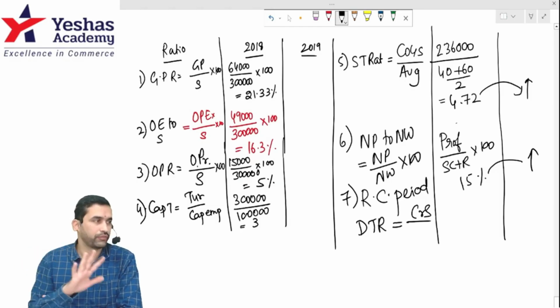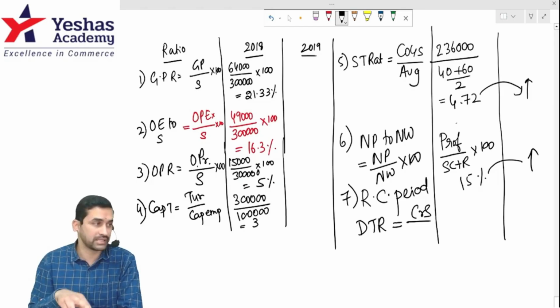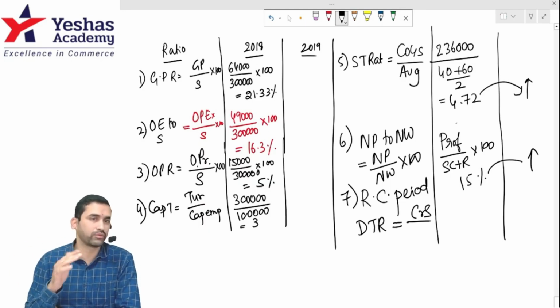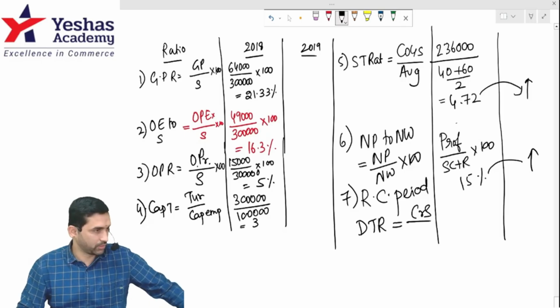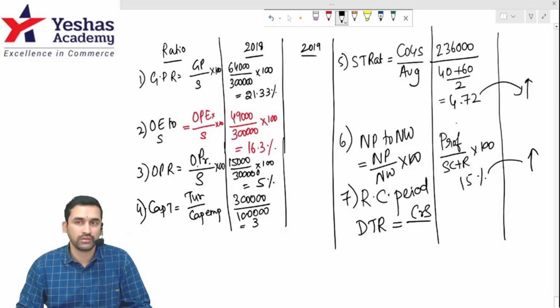The answer is no. If you are comparing, both should be average to average or both should be closing to closing. In this case, I can do closing of both. It is wrong to compare one average and one closing and then comment that it is good or bad. If you have to check somebody's height, both should be standing in the same place. One standing here, one standing there, and then you say very tall.